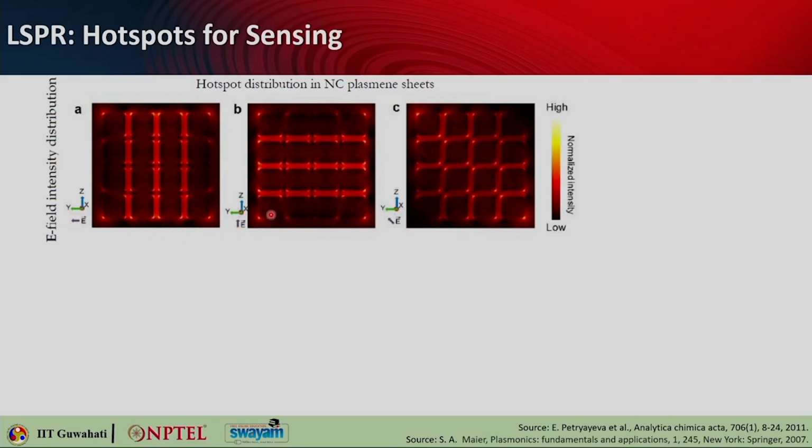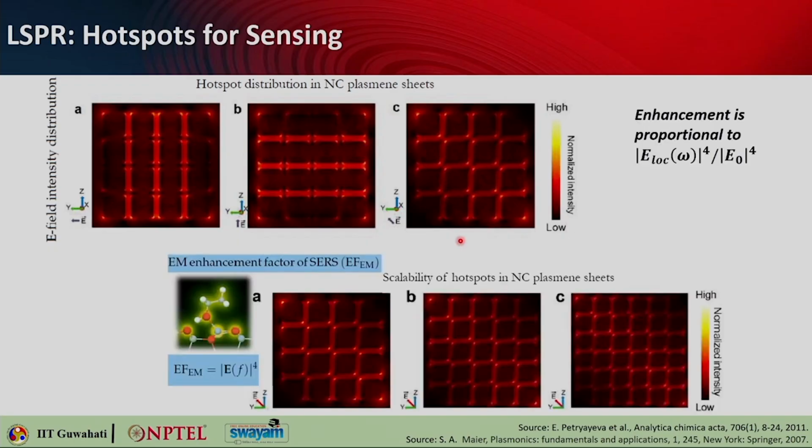Similarly, when you have the electric field along the vertical direction, you form the hotspots in the vertical direction, and in the case of unpolarized light, you can have the electric field mainly concentrated at the corners of the nanosheet. Okay. So, they all can be used for sensing.